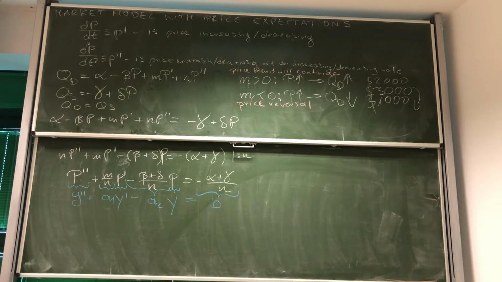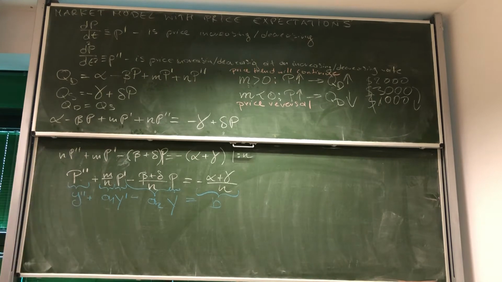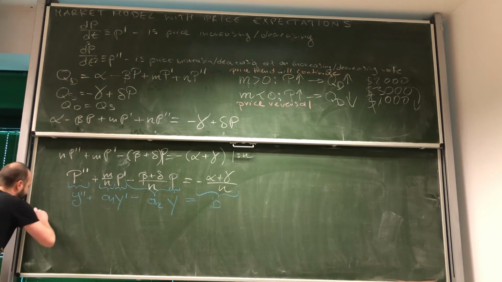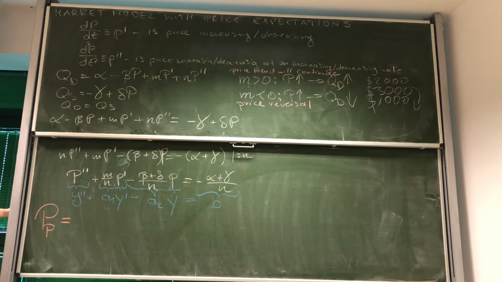Okay, knowing this, all we have to do is to apply the formula, right? So first thing we need to find is equilibrium solution, so particular integral. Pp in our case, right?